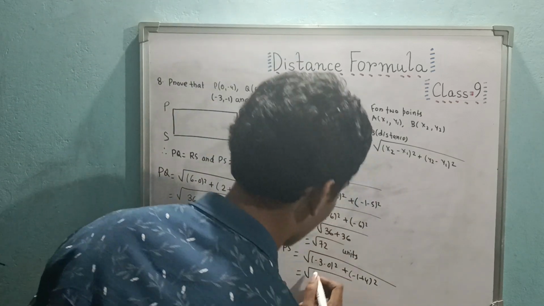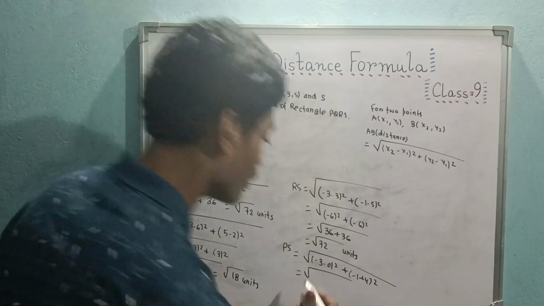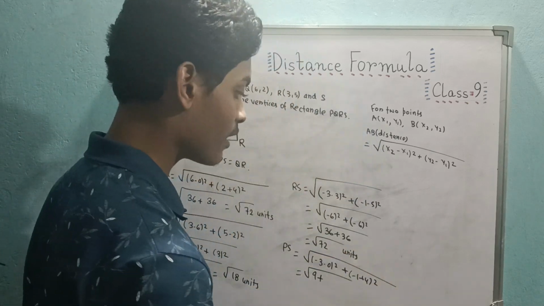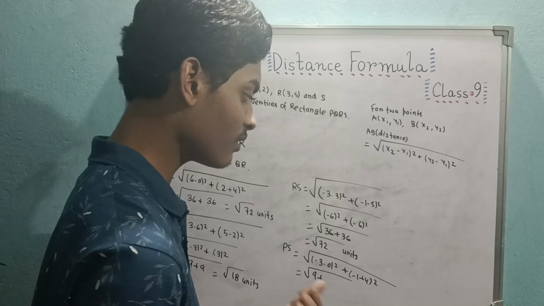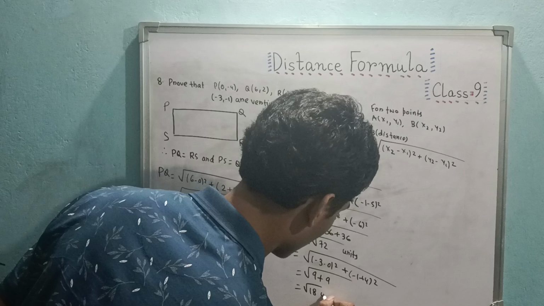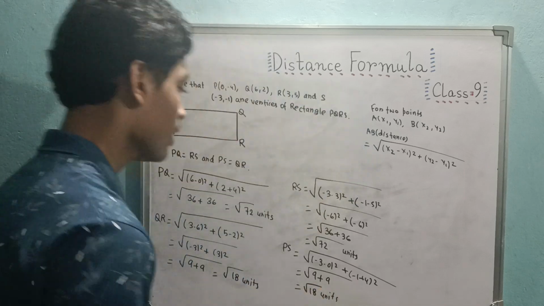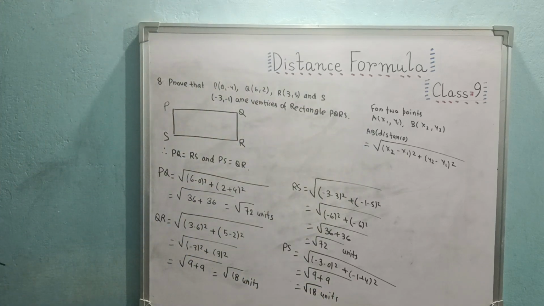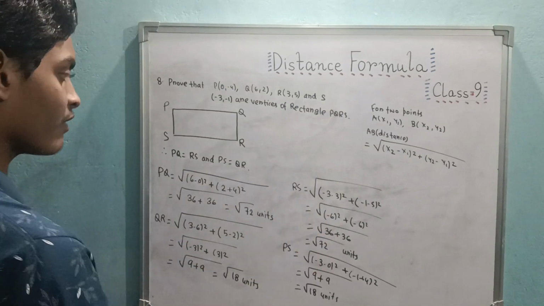That equals root of minus 3 square, which is 9, plus 3 square, which is 9, equal to root 18 units. Now see, we have got the lengths of PQ, QR, RS, PS.